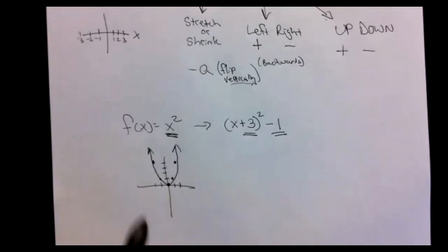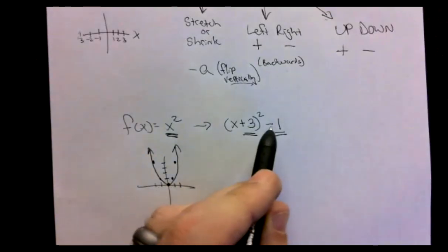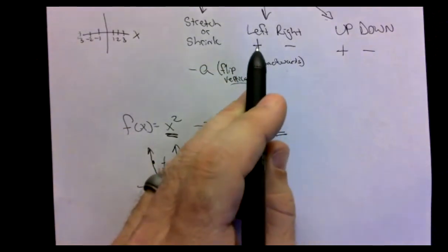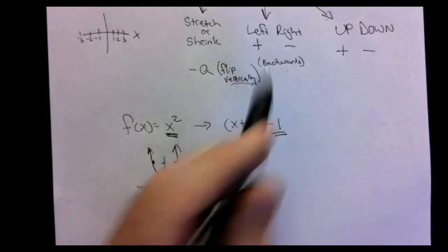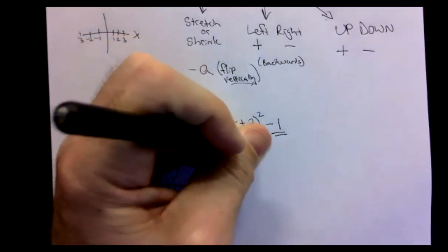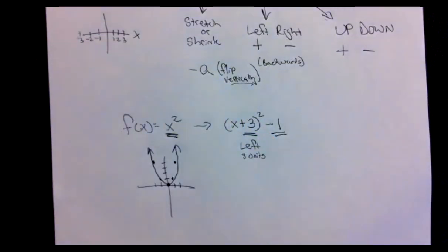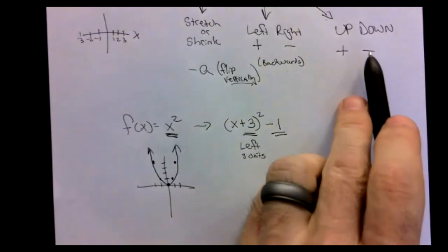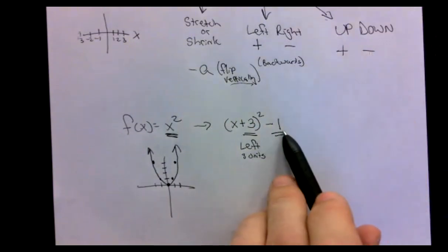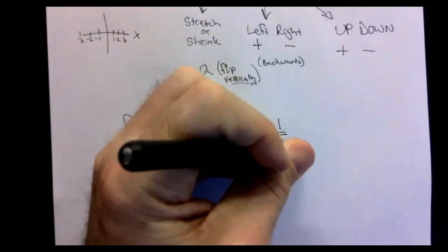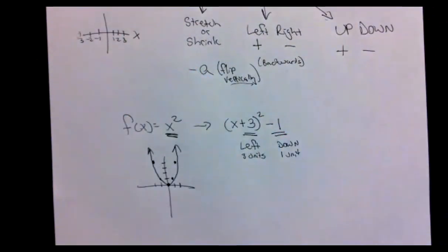So this is going to take my exact same graph and shift it. This plus 3, a plus, is actually going to shift us to the left. So this says we're going to go left 3 units. And then minus on the k shifts us down. So this minus 1 is going to shift us down 1 unit.